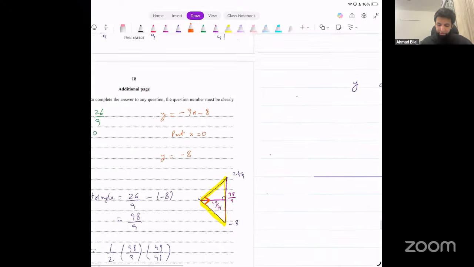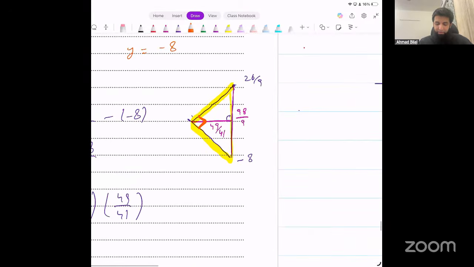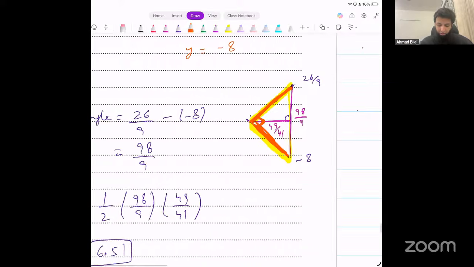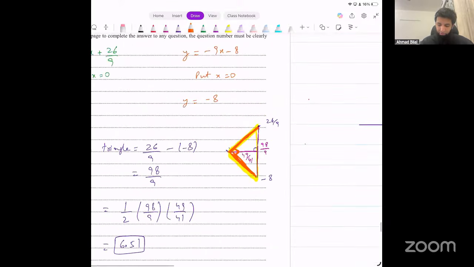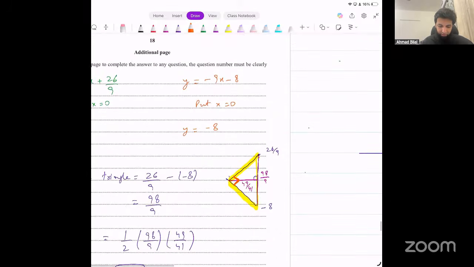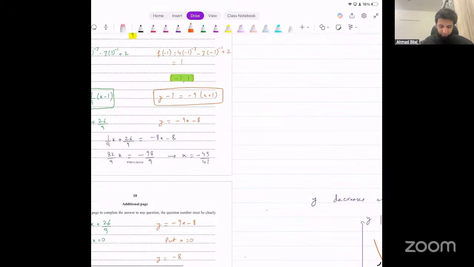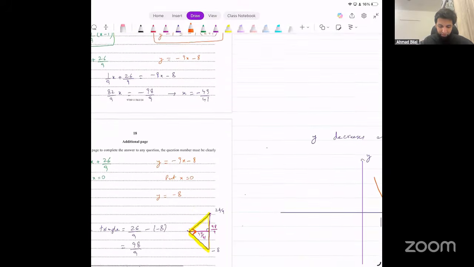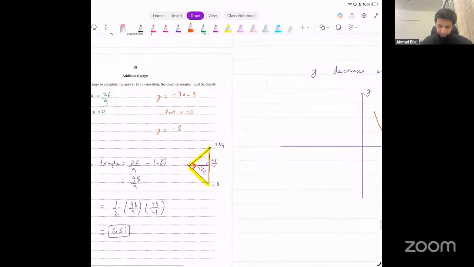But if this is 90 degrees and you want to use these two sides, you would have to use the distance formula. Do you know the point of intersection? Do we have that anywhere? Did we find that? Yeah, we solved them simultaneously to find the point of intersection as well.